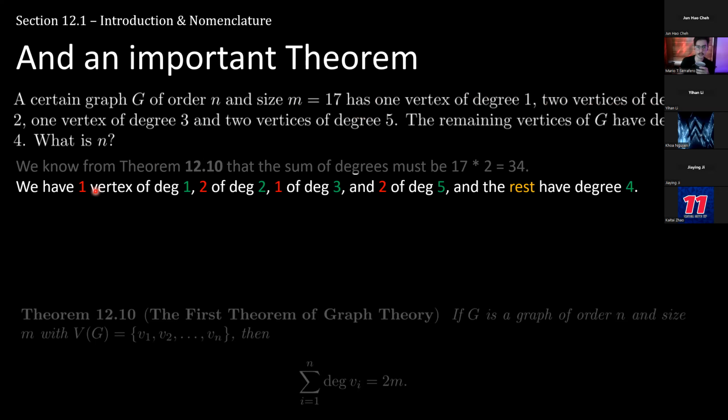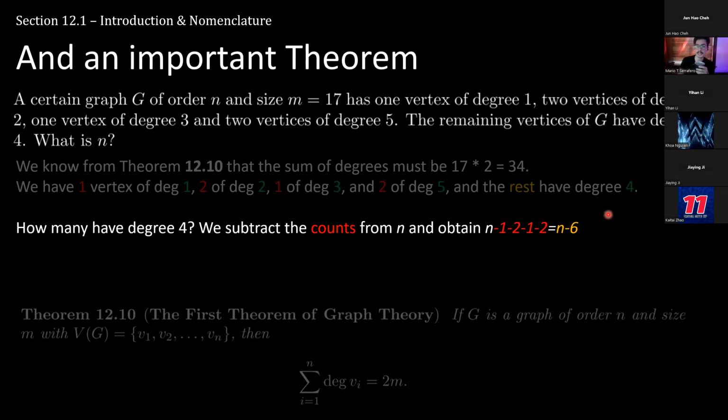So if we have 1 of degree 1, 2 of degree 2, 1 of degree 3, and 2 of degree 5, and the rest have degree 4, then we can count how many of degree 4 we have in terms of n. So we subtract the counts, the numbers in red, from n, and then we obtain the number of vertices that have degree 4, which will be n minus 6. So now we know how many vertices will have degree 4.